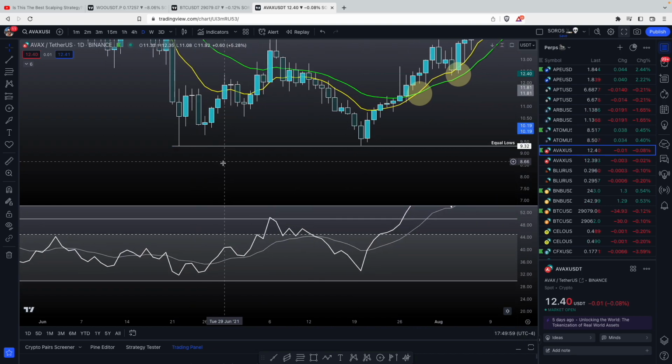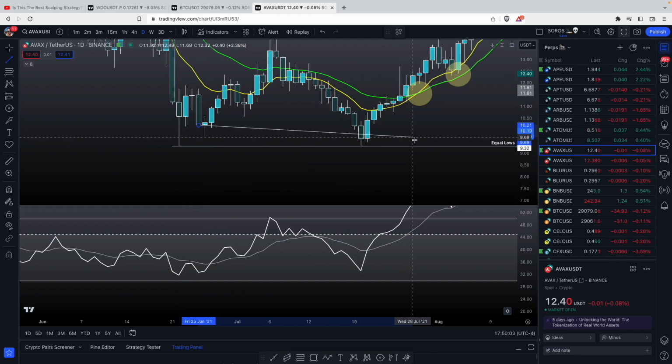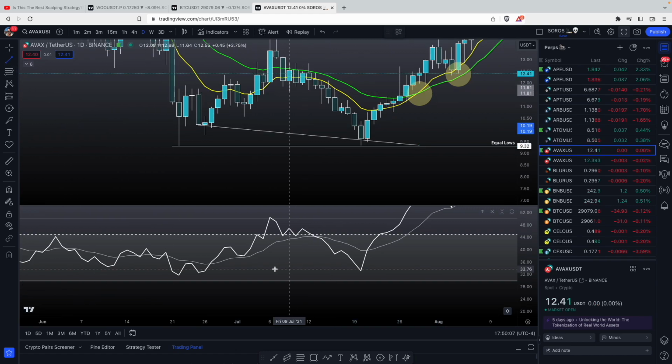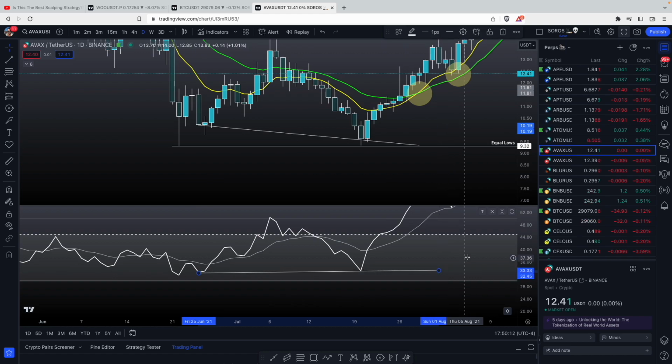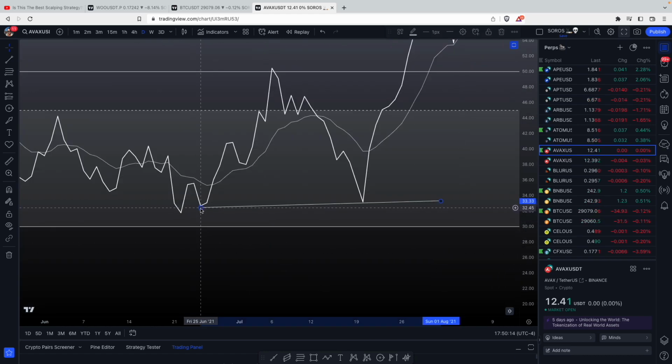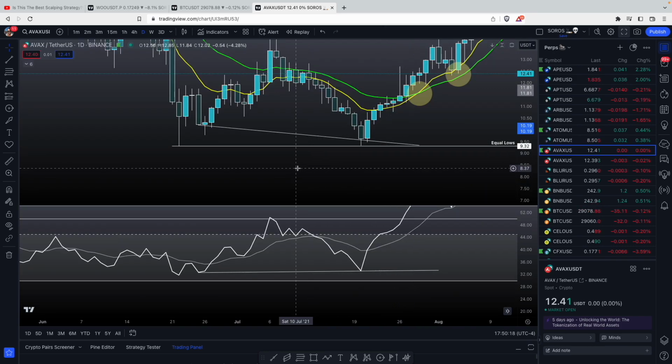So in this case, you can see from this pivot right here to that low, you got a lower low on the price, and then here on the RSI, the relative strength is increasing, where you have this low and then this pivot is higher, showing that sellers are actually getting exhausted at the bottom, and now you have classic bullish divergence on the daily.